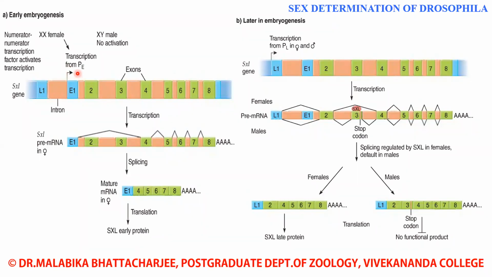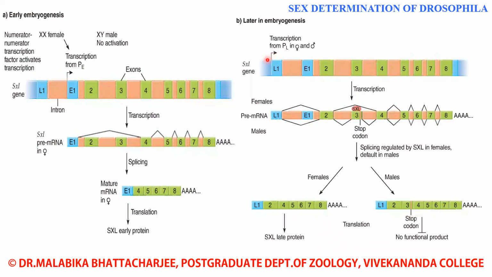Early in embryogenesis, in the female specifically, the numerator dimer transcription factor activates the SXL gene from the early promoter, which is one of the two promoters of this gene, the other, as I said, being upstream, the late promoter.